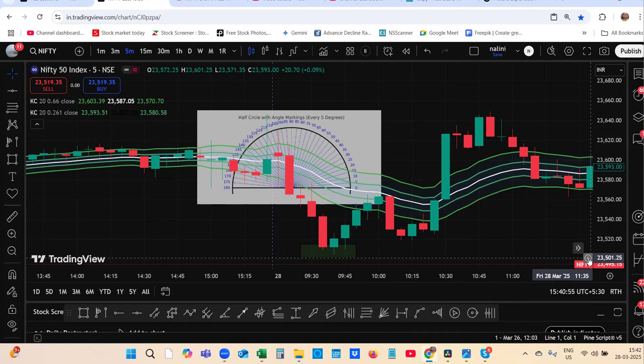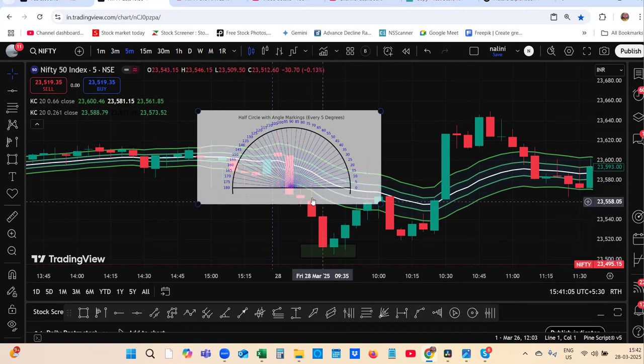When it breaks below 0.66, that is a momentum breakout. If it is breaking below 0.26, it has already started its weakness. And correspondingly, it is below the 0 degree.